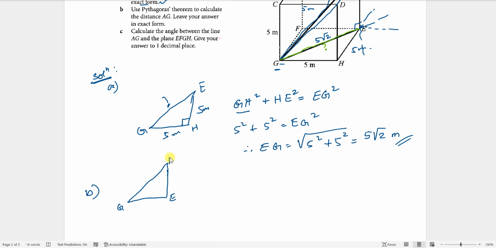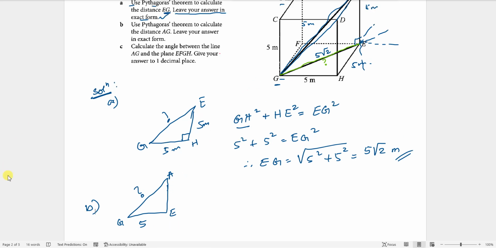We are asked to find this. This one we know is 5. Sorry, this one is 5 root 2. This one is 5, and we have to find AG.